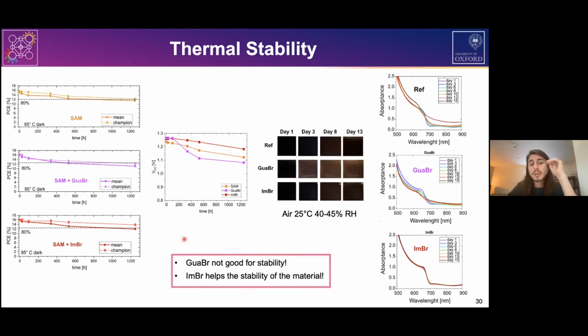So this is just to point out that not all the optimizations that are good in the device are necessarily a definitive solution, because you also need to consider if they can actually survive long times or more harmful stress conditions.